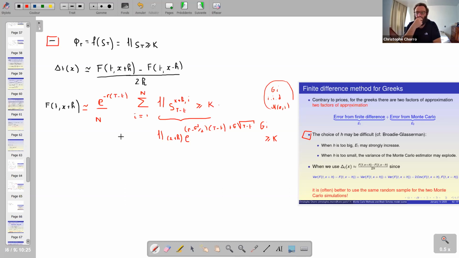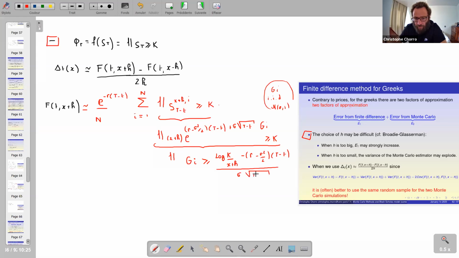I have this quantity here. Something that I can write here is the indicator function that g_i is greater than the logarithm of k over x plus h, minus r minus sigma squared over 2 times capital T minus t, over sigma times the square root of capital T minus t.